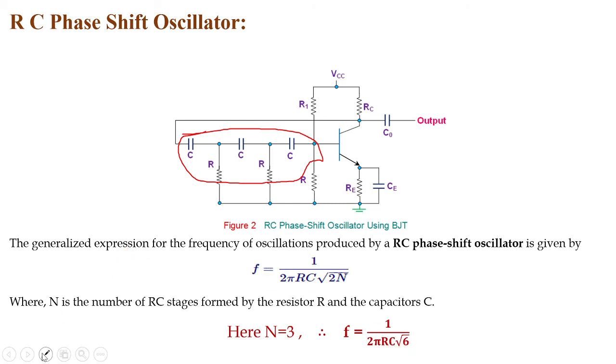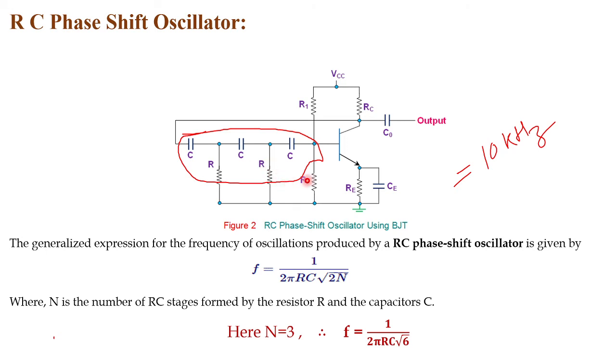So this is about your RC phase shift oscillator. In the RC phase shift oscillator, we get frequencies up to 10 kilohertz. A 10 kilohertz frequency can be easily generated by an RC phase shift oscillator, and it is very easy to build because the components, resistors and capacitors, are not expensive.